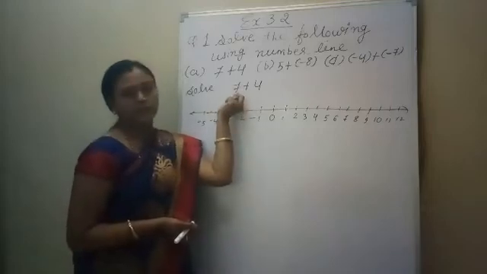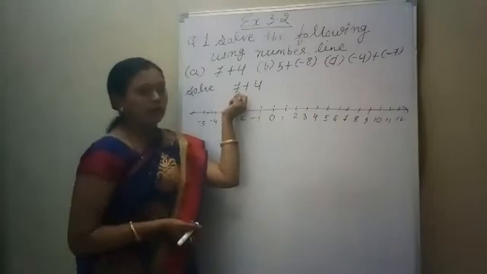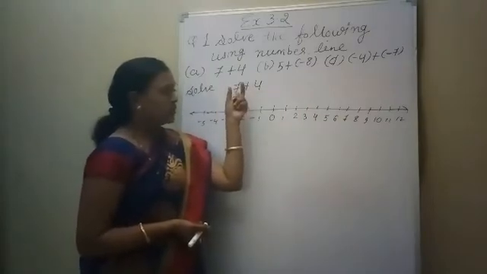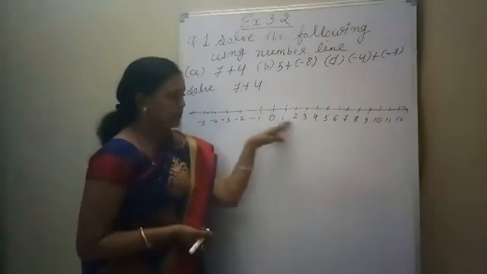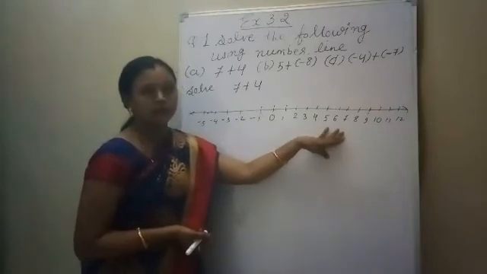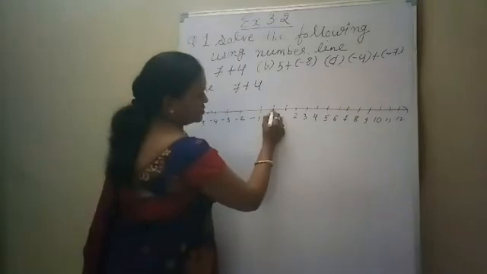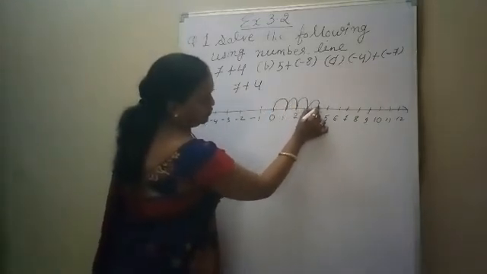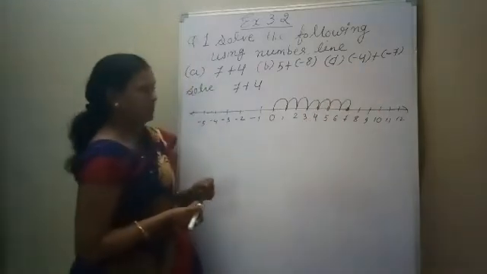Now see the first one. The first number is 7, which is a positive integer. So when we show the addition of both numbers, first, this is the positive integer, and on the right-hand side of 0 all the numbers are positive. So which number do we have to show? From 0 to 1, 2, 3, 4, 5, 6 and 7.